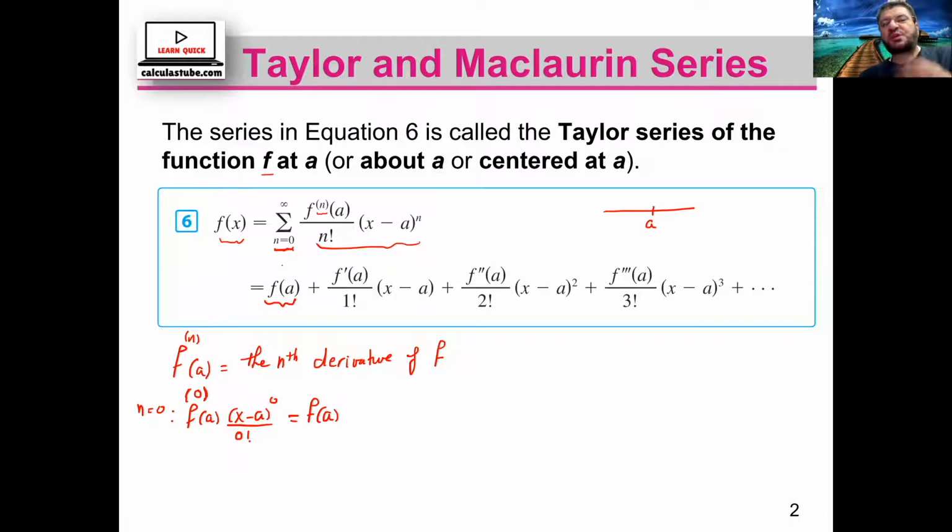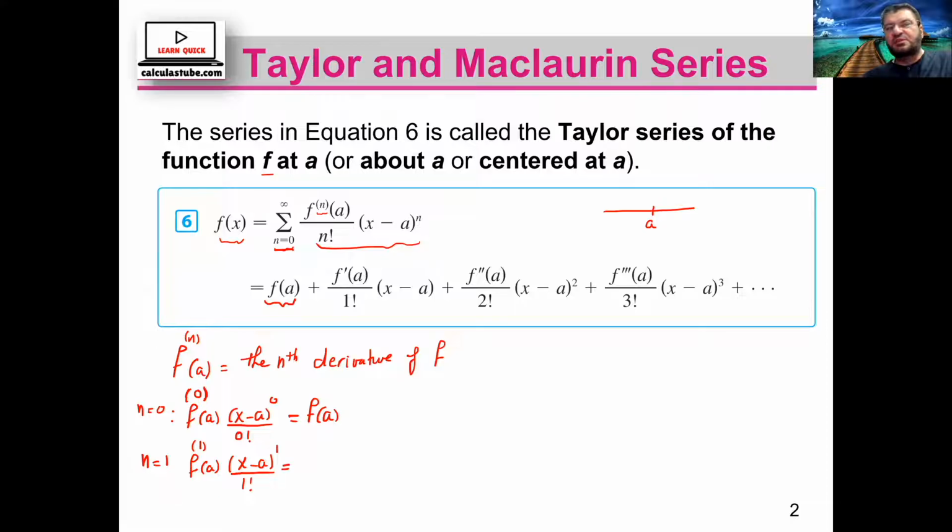After 0, we're going to go to n equal to 1. What happens when n is equal to 1? What do we have in the second term? We have f^(1)(a) times (x minus a) to the power 1 over 1 factorial.